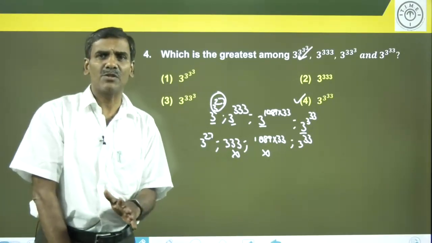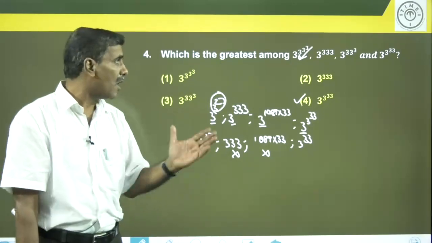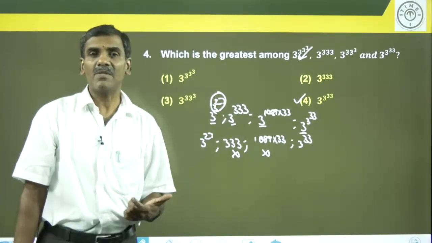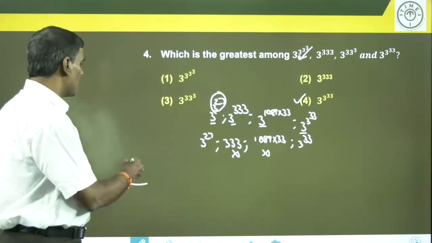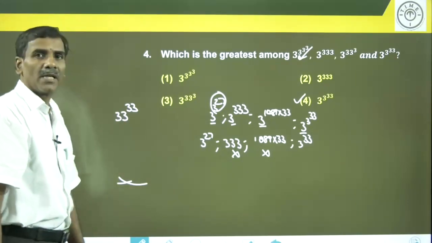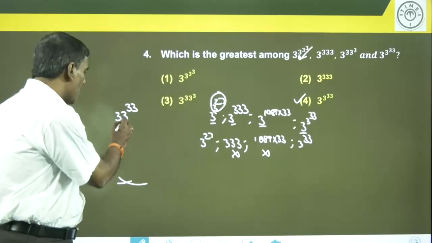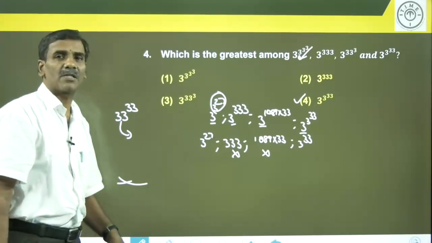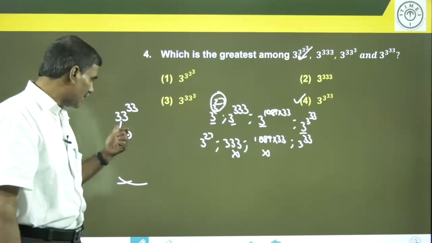So slightly time consuming question, but the advantage that we have with this particular question is already the bases are same. Sometimes the bases may not be given as same. Like instead of 3 power 33, suppose if you are having 33 power 33, here I cannot make this directly 3. So what we will do is, we will see how this can be written in the form of powers of 3. 3 cube is 27, whereas 3 power 4 is 81. 33 lies between them.